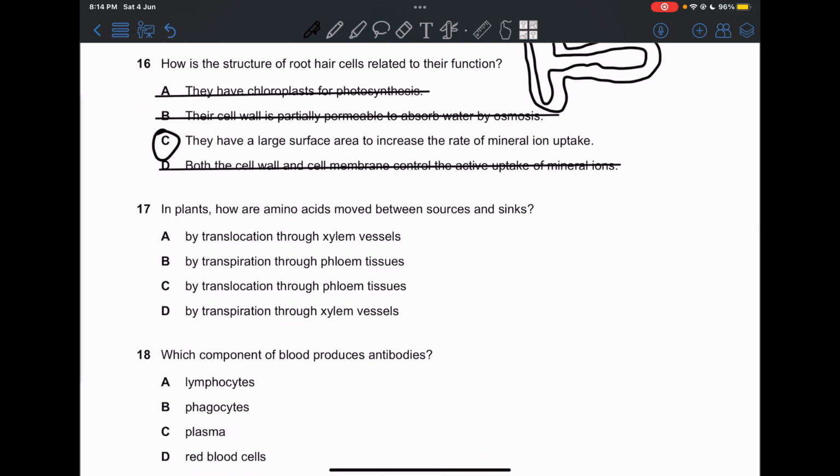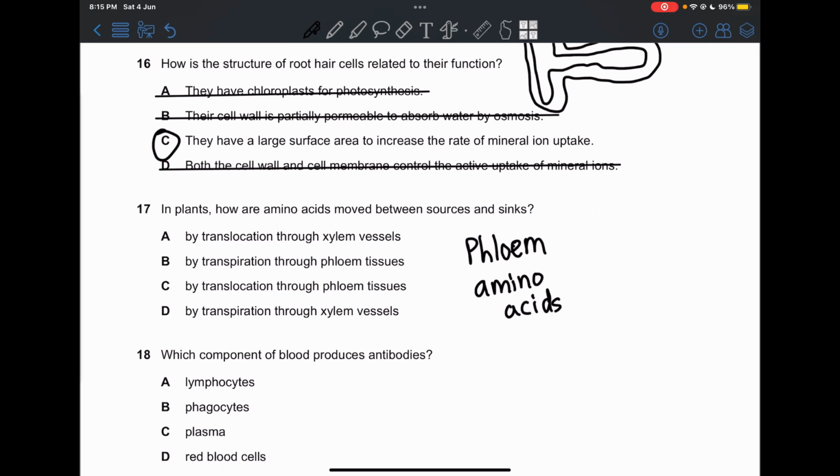Now, number 17, in plants, how are amino acids moved between the sources and sinks? Now, we know that amino acids and sucrose actually move in a tube called the phloem and not the xylem. The xylem moves water and inorganic ions. So phloem is for the amino acids and sucrose, which also performs translocation, in other words.